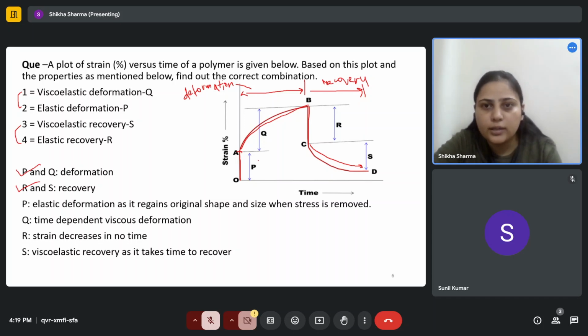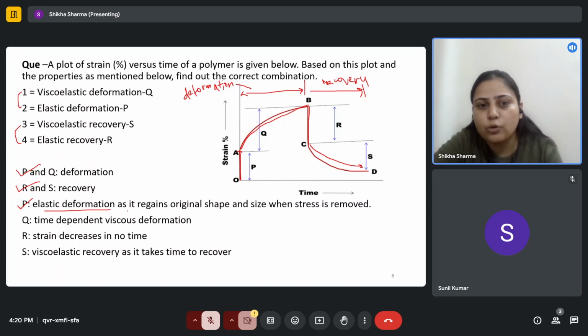Now let's understand the next part. In P, strain is developing in zero time, which means there is an elastic deformation, because strain is developing in the material in zero time.